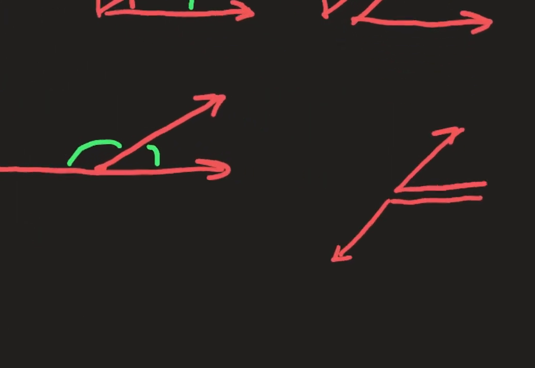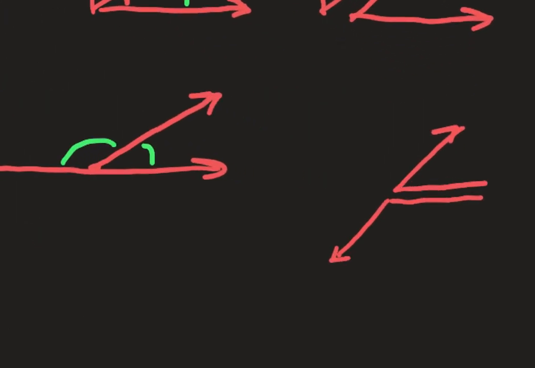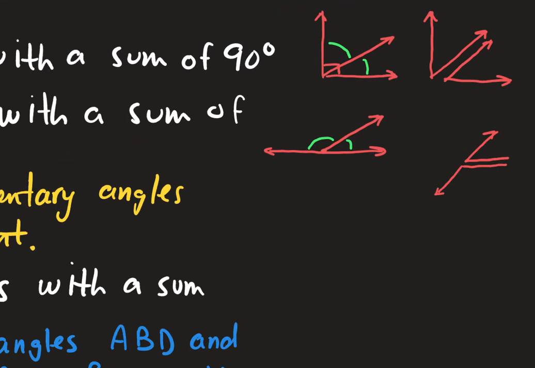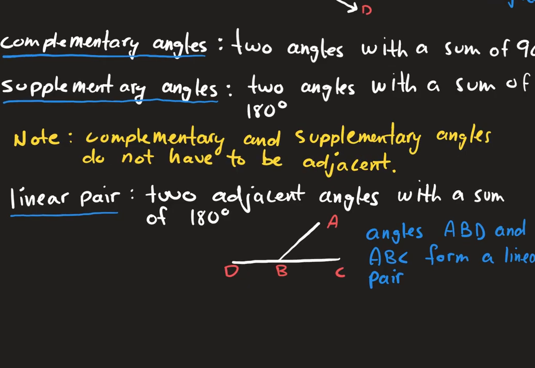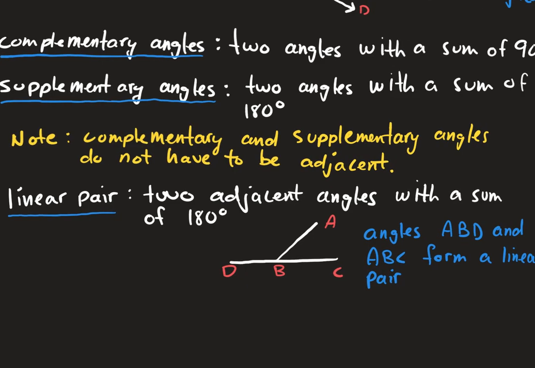They don't have to be adjacent. These are adjacent here, they share the vertex, but these are not. And yet they are still supplementary. And then I have this note here where it says complementary and supplementary angles do not have to be adjacent.